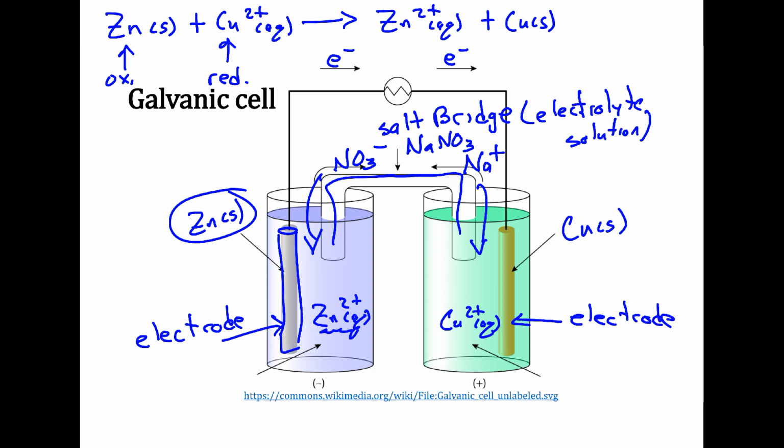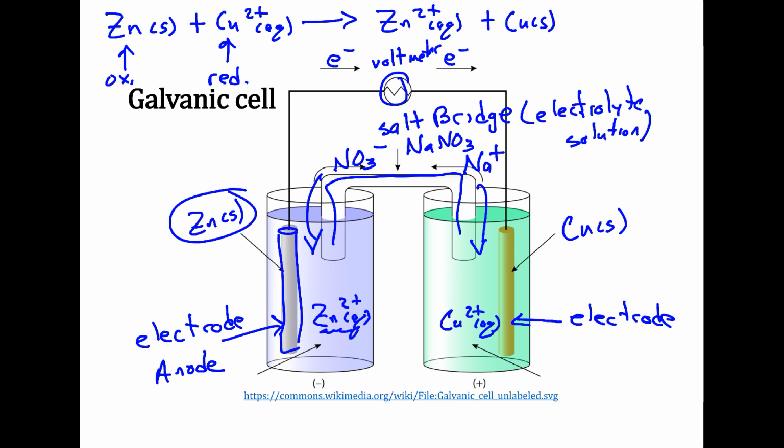A few other things that I want to point out to you is for these problems we usually have some sort of voltmeter to measure how many volts are being produced by a chemical reaction. But there's a couple of fairly easy ways to know how to set these up. The first thing that you want to remember is that we always show what's known as the anode.